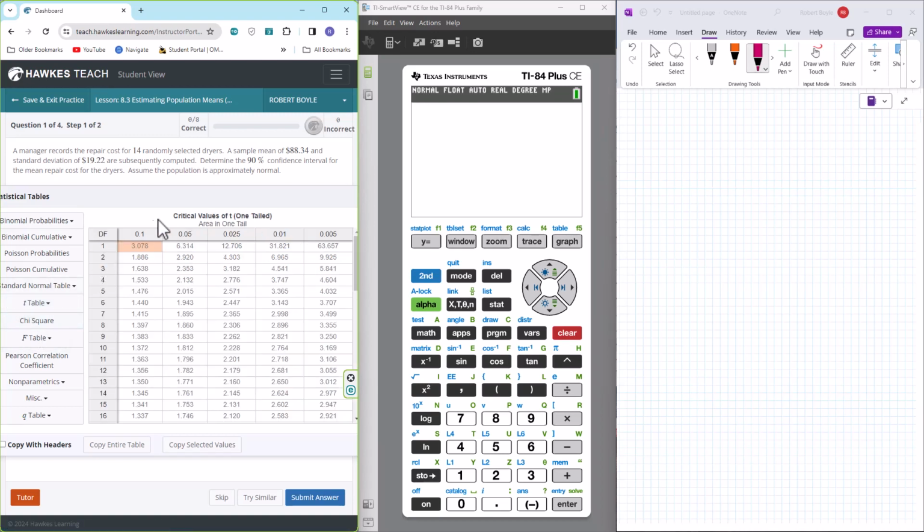Notice here that our confidence interval is 90%, so C is equal to 0.9. That means that the area in both tails, alpha, is going to be 1 minus C, which is 0.1. Then alpha over 2, the area in one tail, is going to be equal to 0.05.